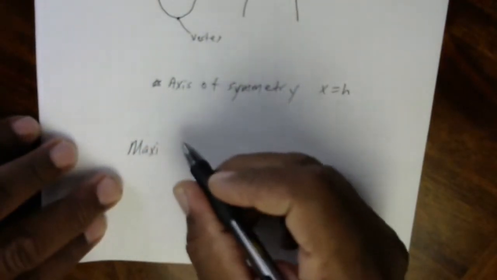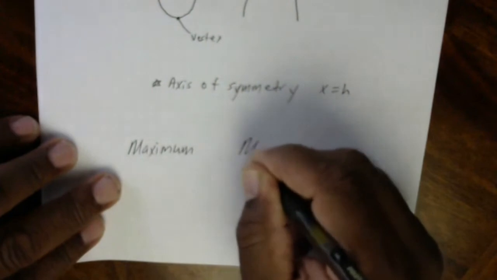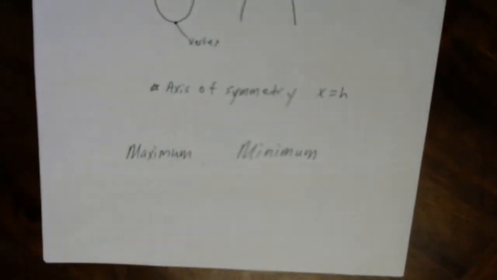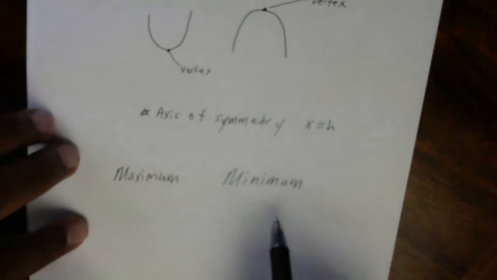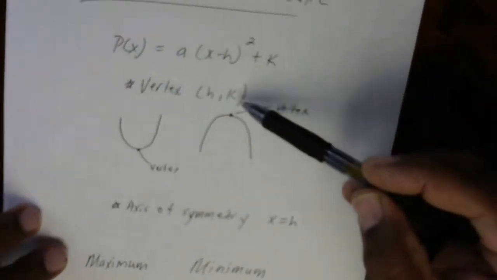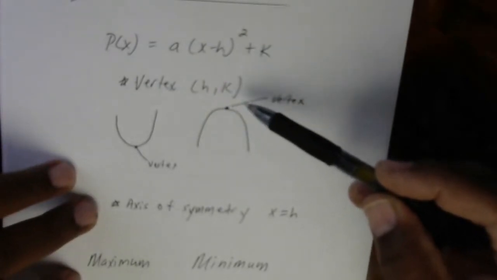Next, we're going to talk about a maximum and a minimum. And in a lot of these problems, you're going to be asked to give the minimum or the maximum value. The minimum or the maximum value is simply the y coordinate, or the k coordinate, or the second coordinate of your vertex.